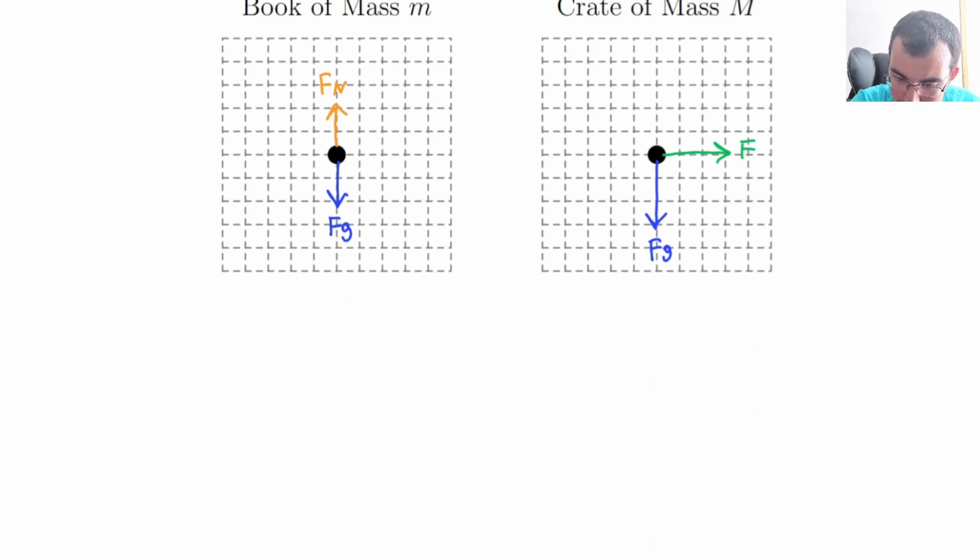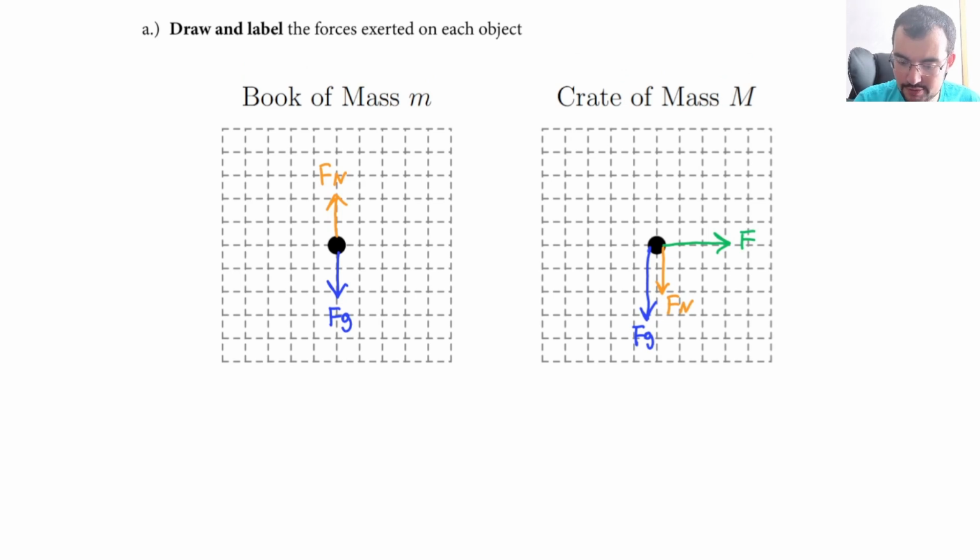There's actually going to be an equal normal force on the crate by the book. So therefore, there should be a force from the ground on the crate that must balance both of those. So this Fn represents the Newton's third law pair between those surface contact points.